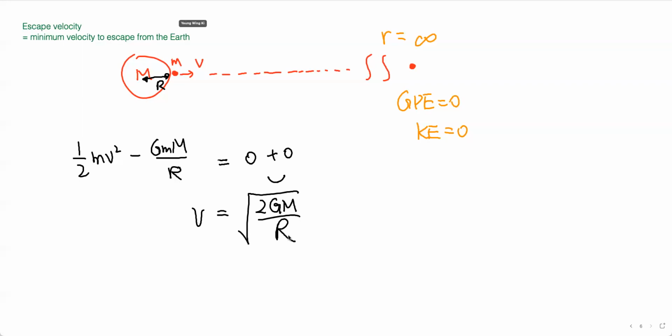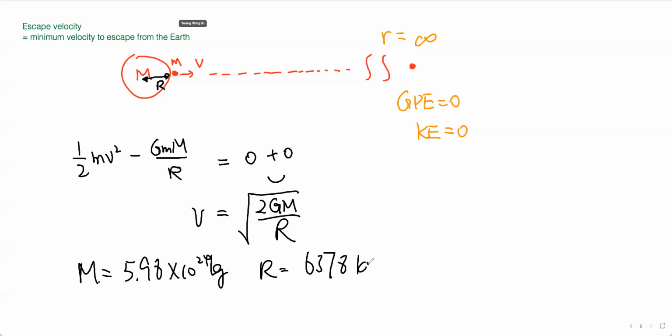The big R is the radius of that planet or that object. Then you substitute the value. The mass of the Earth is 5.98 times 10 to the power 24 kilogram. The radius of the Earth is 6378 kilometer. And you find v, it will be around 11.2 kilometer per second.